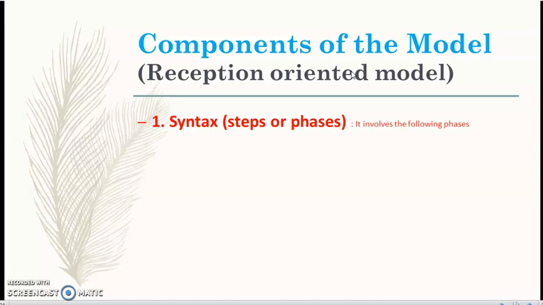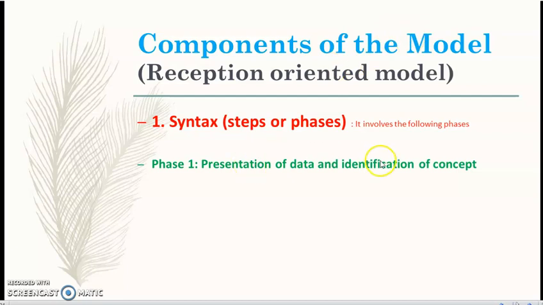To start with, the syntax, which is nothing but the steps or phases, involves the following phases. Phase 1 is presentation of data and identification of concept. In phase 1, the teacher presents the data and the students try to identify the concept. The first point under phase 1 is that the teacher presents labeled examples, and we know that the labeled examples are yes and no.